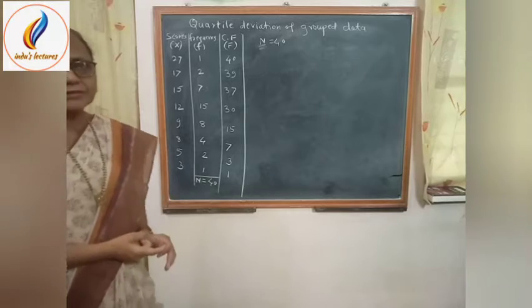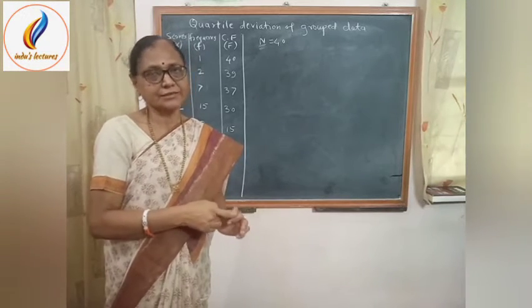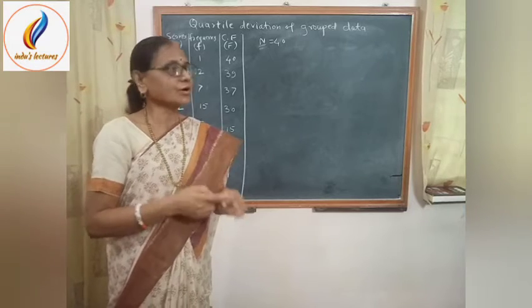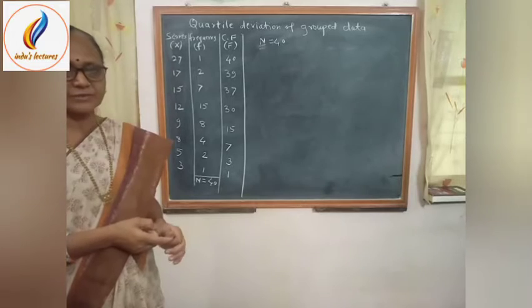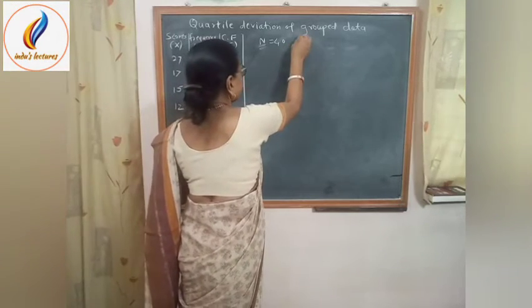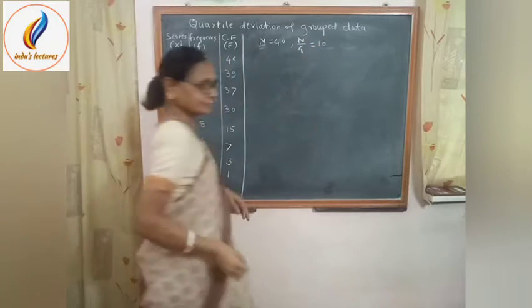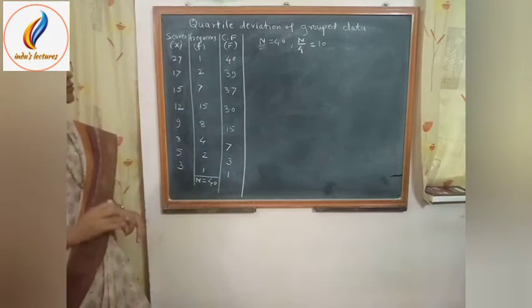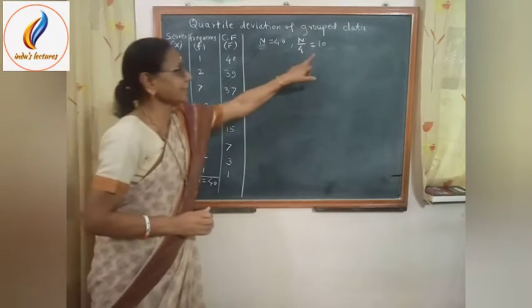Now we have to find the values of the first quartile and third quartile. First quartile is a point on the series below which 25% scores lie. That means we have to take the N by 4 value. N by 4 is equal to 10. Now find the score whose cumulative frequency is 10.